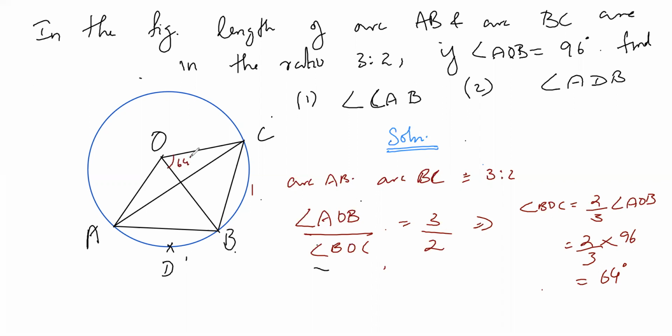Okay, if I know angle BOC, what about CAB? BOC is my central angle here. Fine, BOC. What about this particular thing, BAC or CAB, whatever it is? BOC, I got it here, 64.